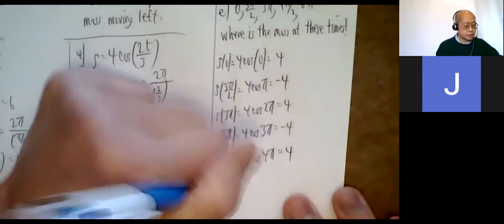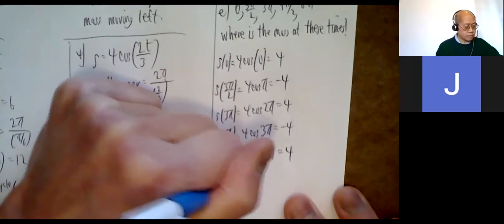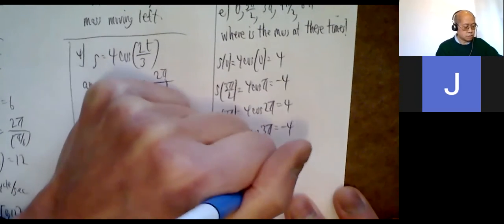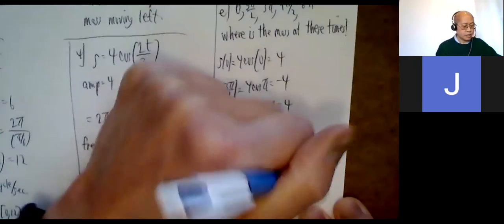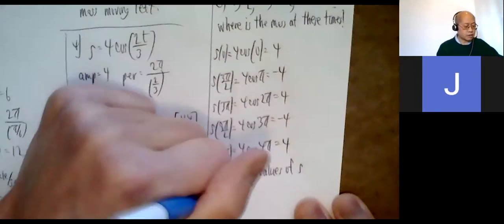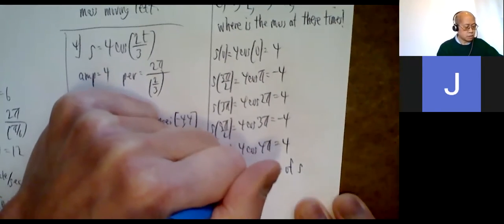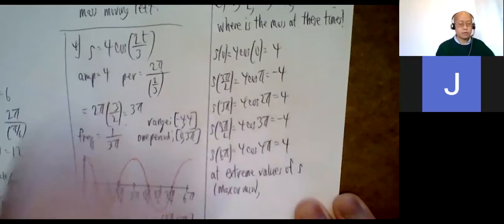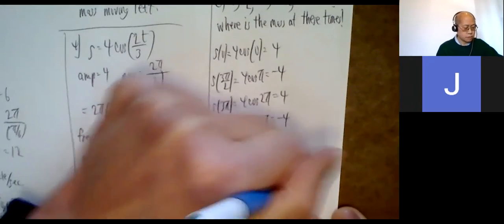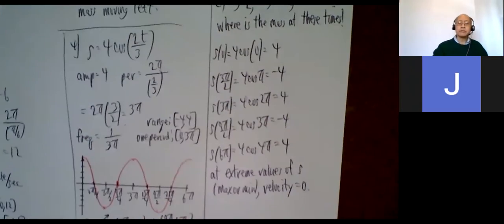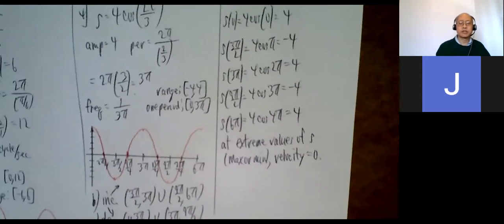So in other words, at extreme values of S, extreme values of X, that's the max or the min, velocity is 0. General principle of physics.